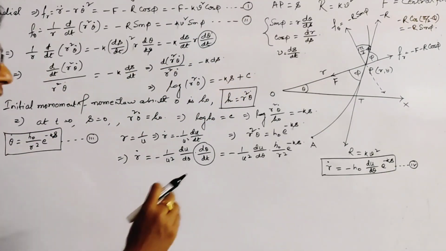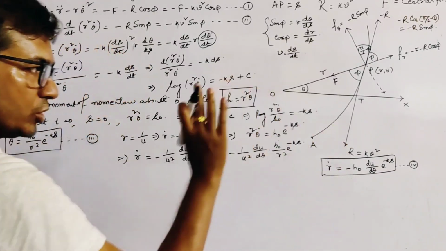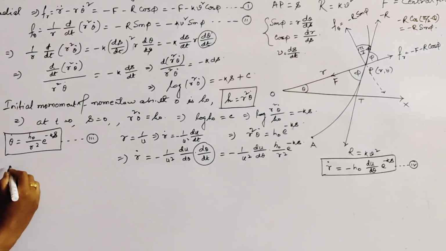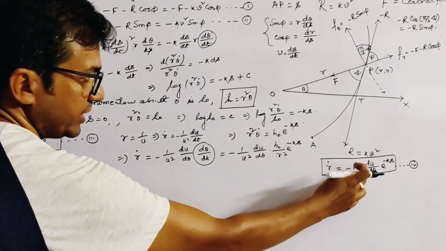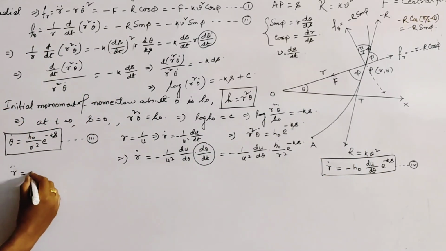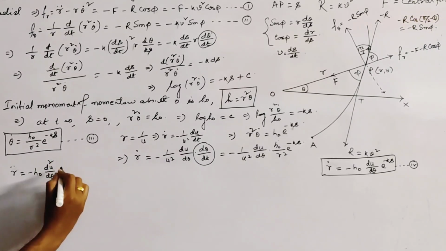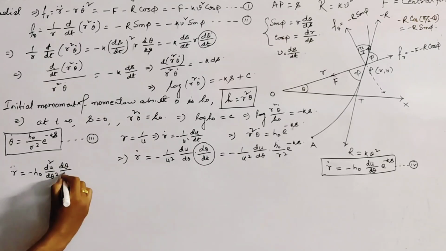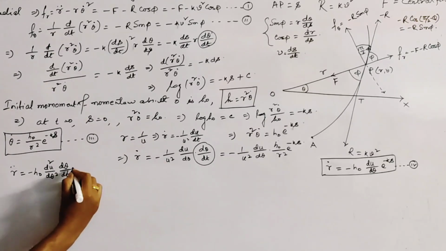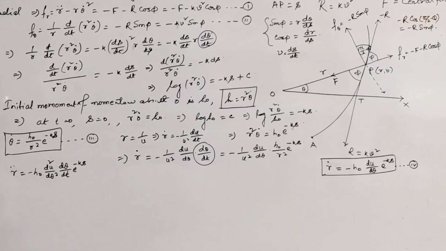Now we differentiate again the fourth relation and we get r double dot. If we differentiate du d theta with respect to t, then we get minus h0 into d2u by d theta 2 into d theta dt, and here remains e to the power minus ks.